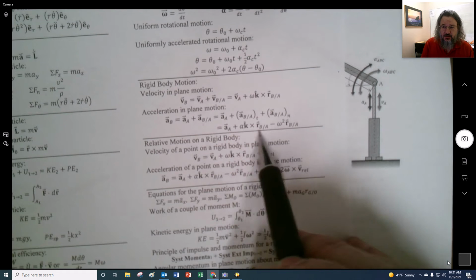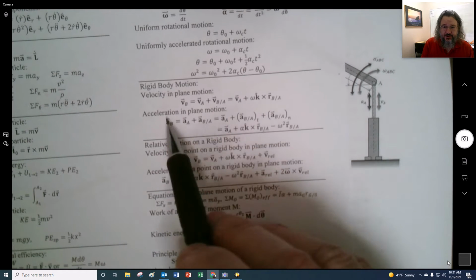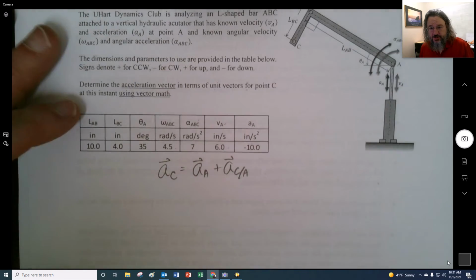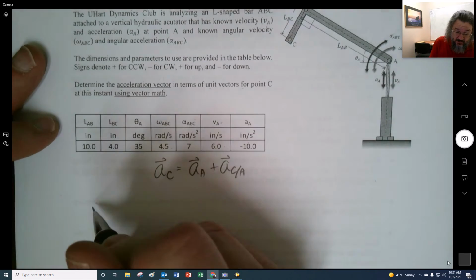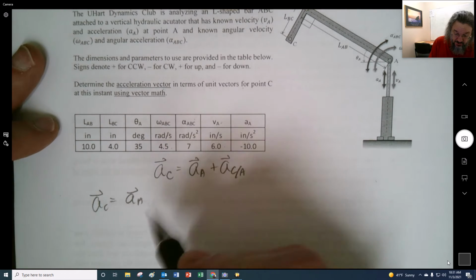So our first task is really to find all the ingredients that we need for that. You could make the case that this is a problem that is almost entirely plug and chug, just using vector math.